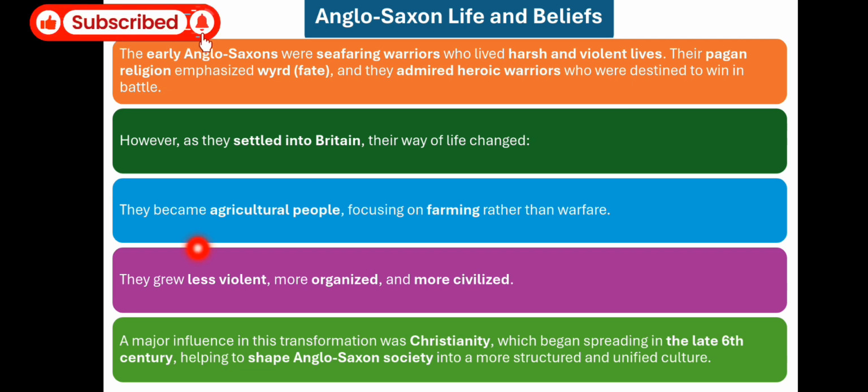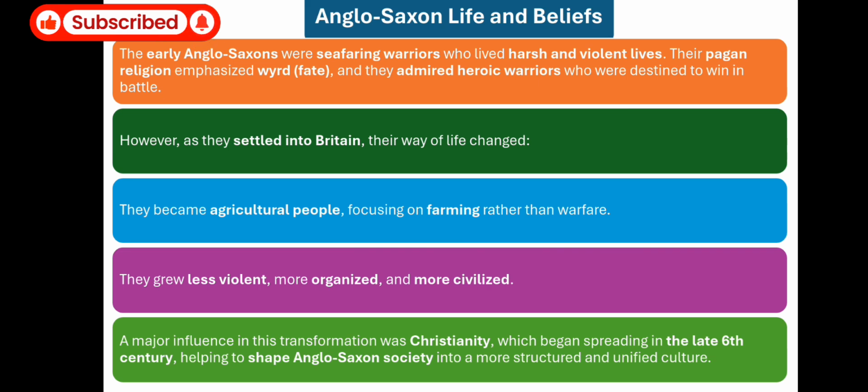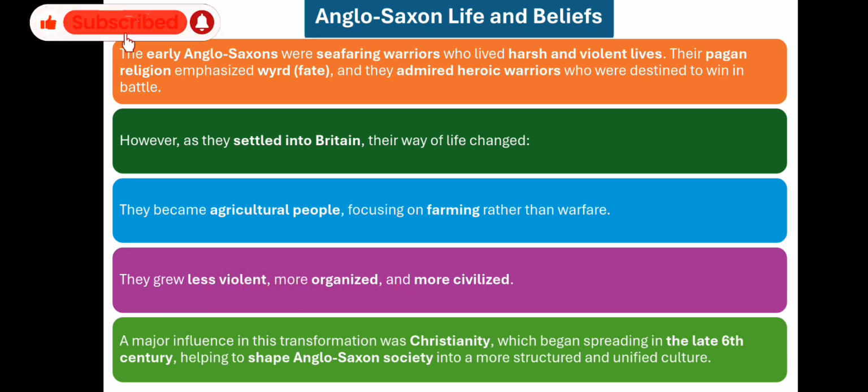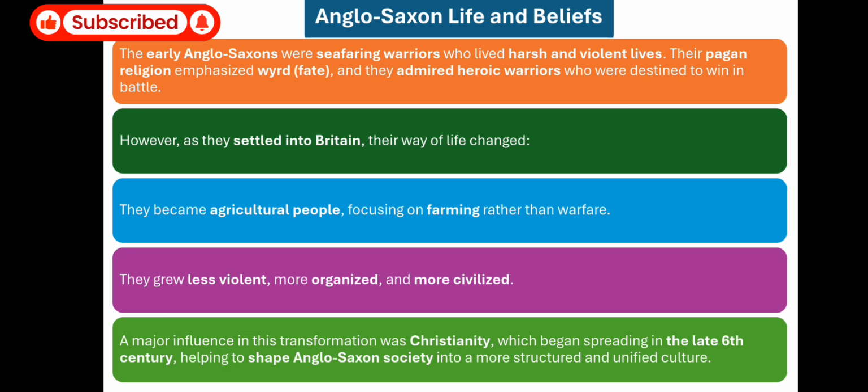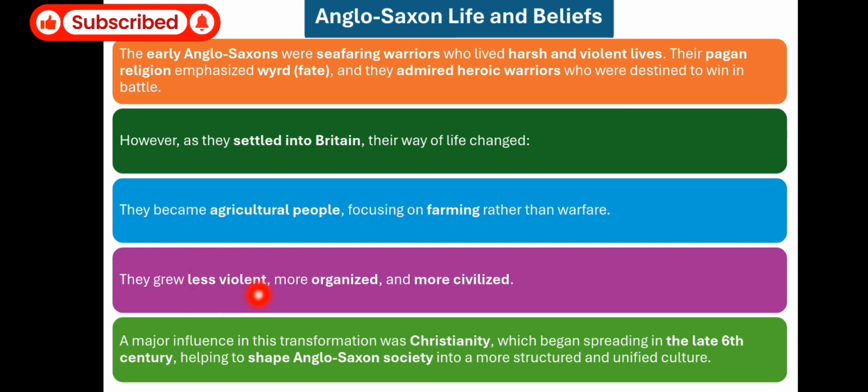They became farming people rather than warriors. Now they rarely fought. Their focus was on agriculture. They grew less violent, more organized, and more civilized. Before that, they were not civilized, not organized, and they were violent.